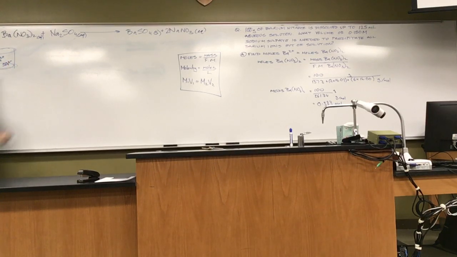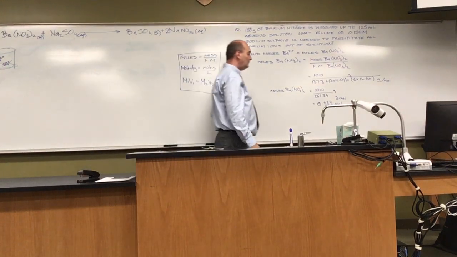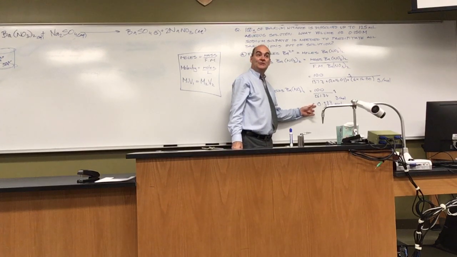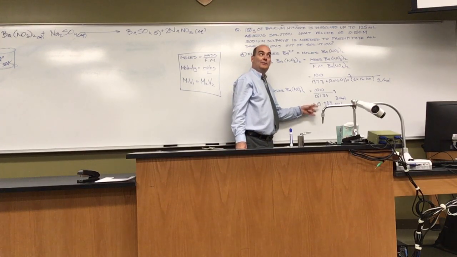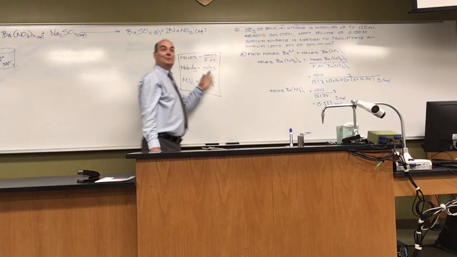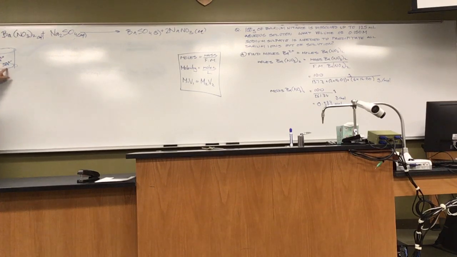And I need some sulfate in there as well. Okay? I know how many moles of barium are in my solution. So now what I've got to do is just make these numbers match so that the mole quantity of sulfate is the same.